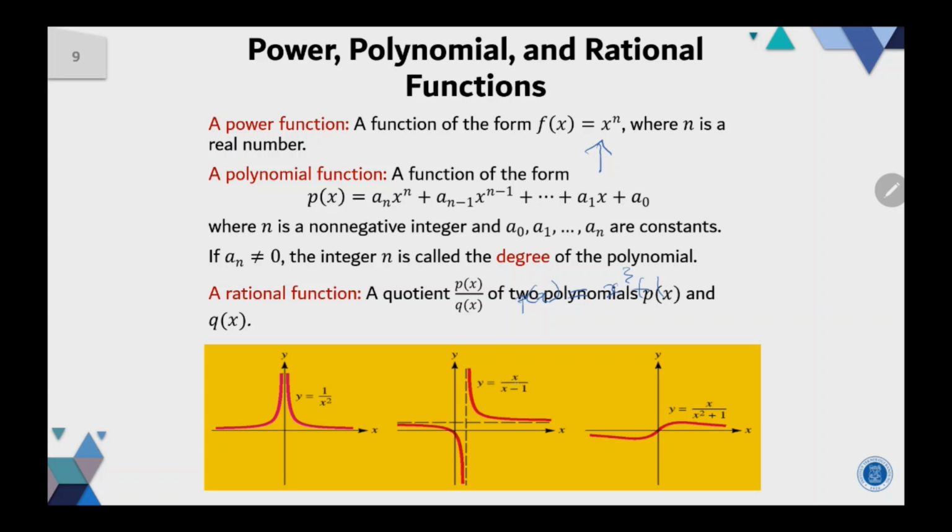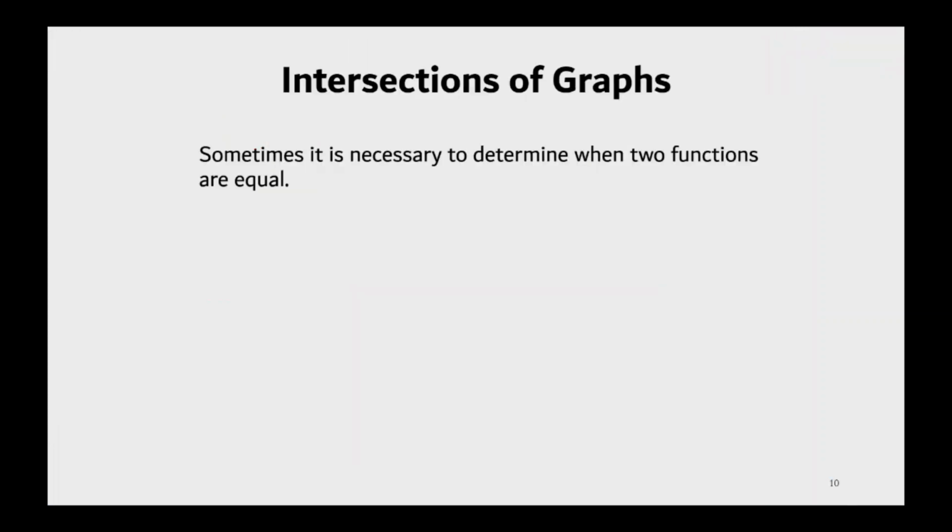This is a quotient of 2 polynomials of degree 1. And the last one is a quotient of a polynomial of degree 1 and degree 2. So these are some examples. This looks complicated and difficult to draw the graph, but we will learn how to draw this kind of graph later on, in future chapters.